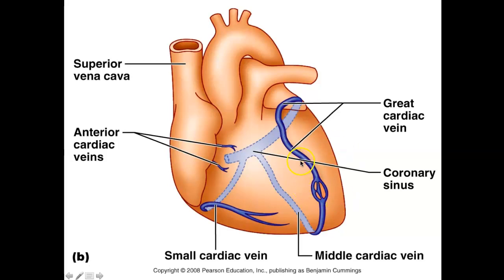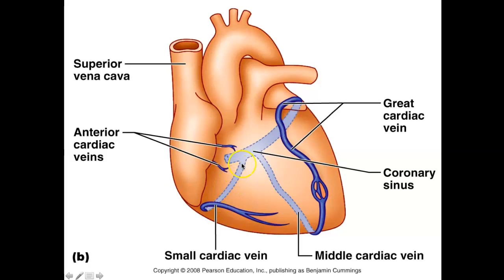So right next to our anterior interventricular artery is our great cardiac vein, on the anterior surface. Right next to our posterior interventricular artery is the middle cardiac vein. And right next to our marginal artery will be our small cardiac vein. So we have great, middle, and small.